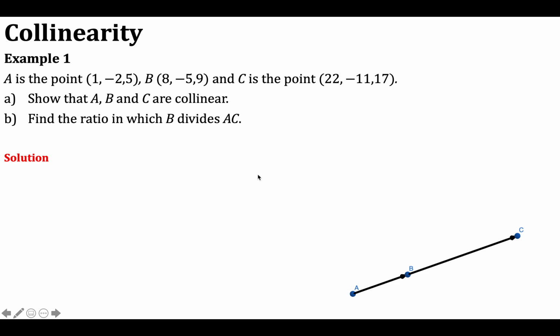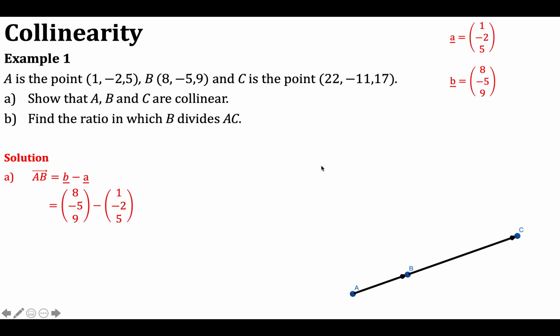Okay, so the first thing I want to do to show that A, B and C are collinear is to find the vector which joins A and B. So vector AB, remember, is position vector B minus position vector A. So that's (8, -5, 9) minus (1, -2, 5), which gives us (7, -3, 4).